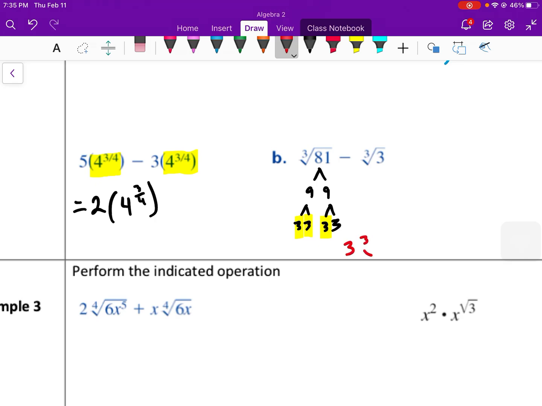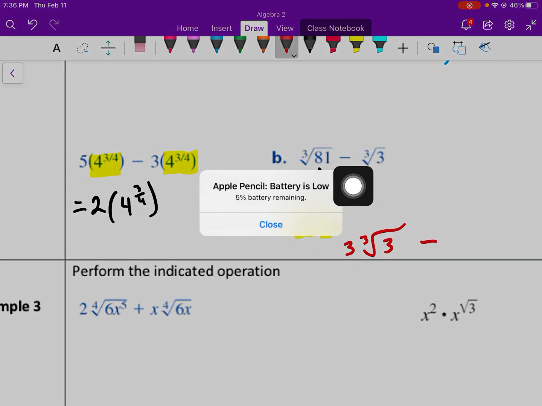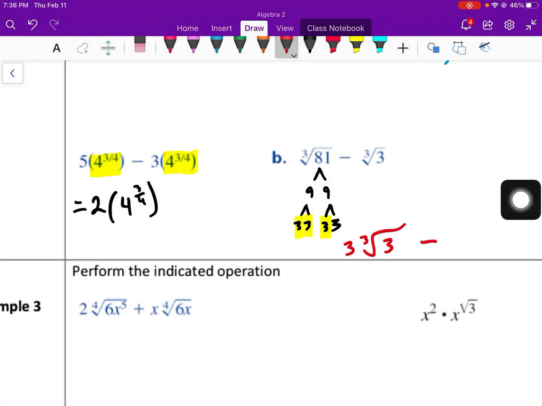So now when we rewrite this, we have a factor of 3 we could pull out, and then what's left is the cubed root of 3. There's one more factor of 3 in here. Minus, in this case, it's cubed root of 3, and if there's no coefficient, then there's an implied coefficient of 1 times that. So you can rewrite this as 1 cubed root of 3.